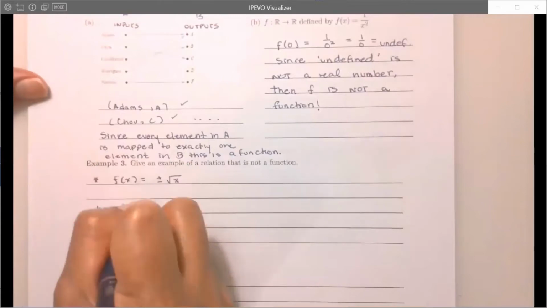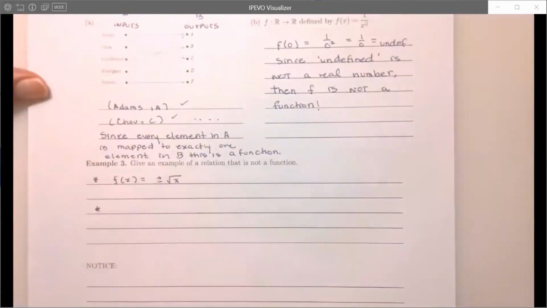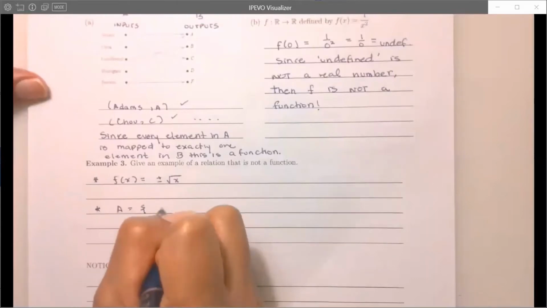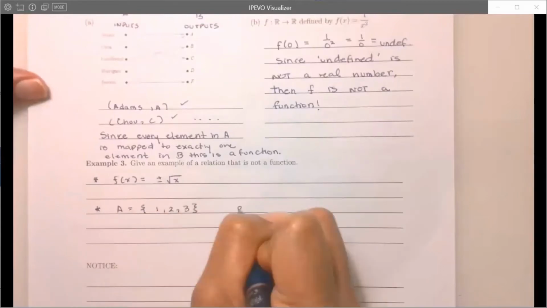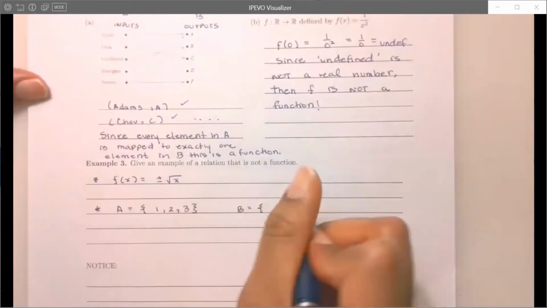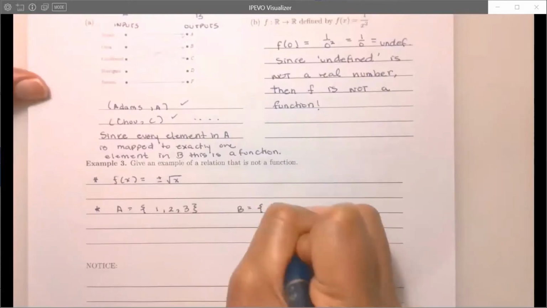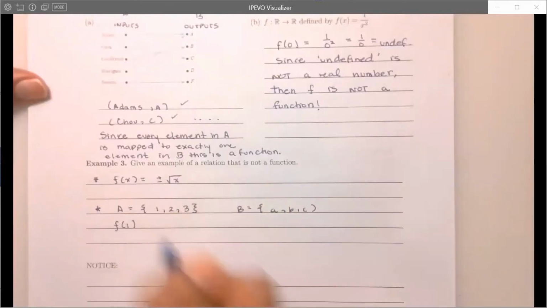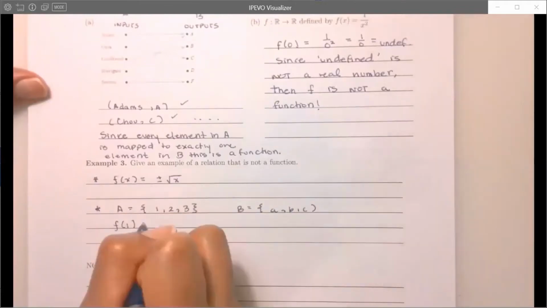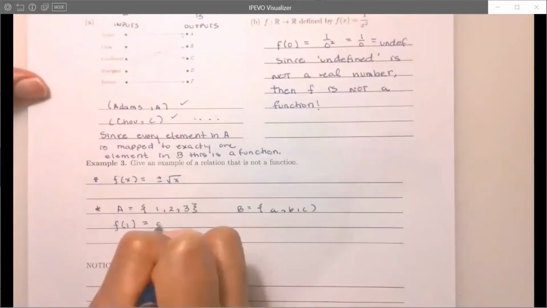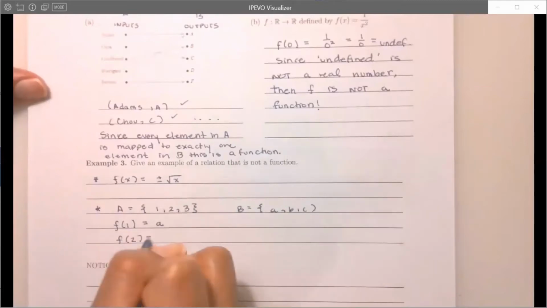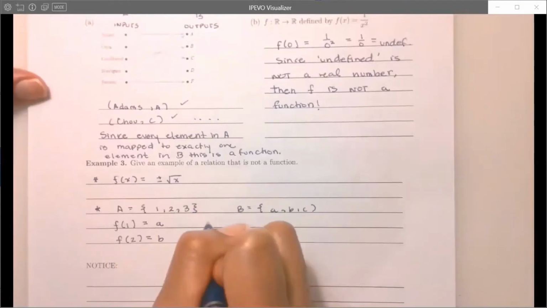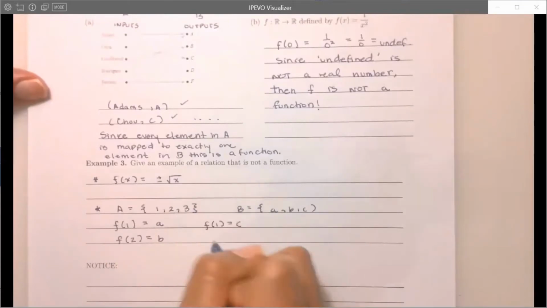Another example could be, for instance, if I have the set A with elements, let's just say 1, 2, 3, and B with the set of elements, let's say A, B, C. And if I define a relation, f of 1 is A, f of 2 is B, and f of 1 is C. Let's do f of 3 as well.